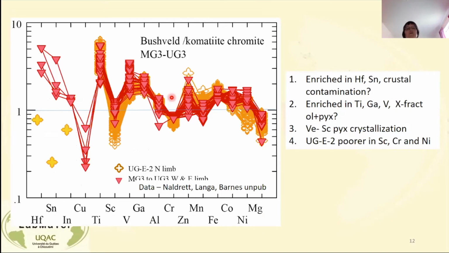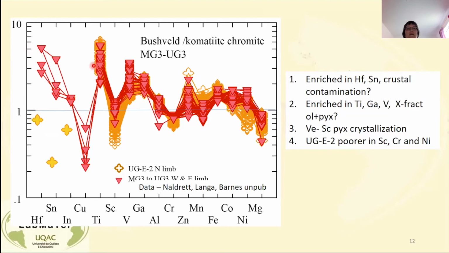From the upper group chromites and from the Mg3, and here I've included the data also from the northern limb that Langler recently published, and those are shown as the orange ones here. We see more enrichment of hafnium and tin, possibly more contamination.